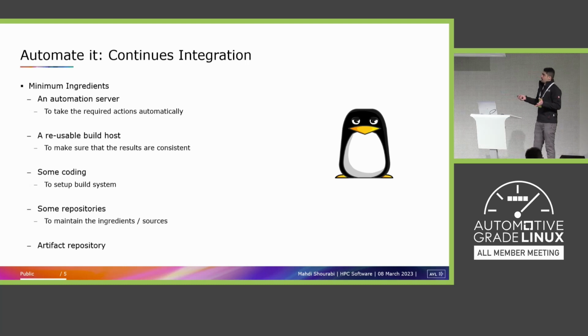And of course we need some coding to program this build infrastructure. Of course, we need some repositories to maintain our code bases, and we need some safe place to keep our produced artifacts.